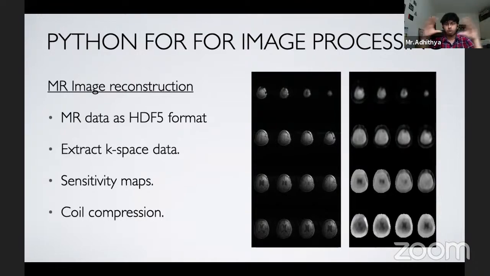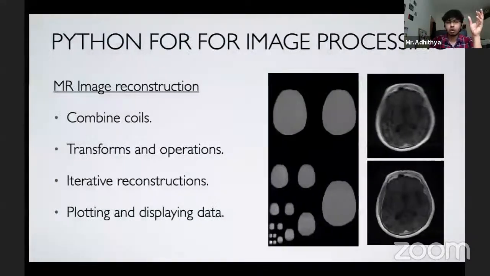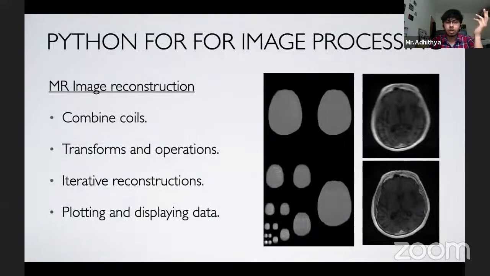And we can compress all these coils into one single coil using different algorithms and techniques. The basic task which I did was, as you can see on the top right corner, you have an image which is blurred, an undersampled image. This image was iteratively reconstructed using wavelet transformation and soft thresholding, which is a concept.